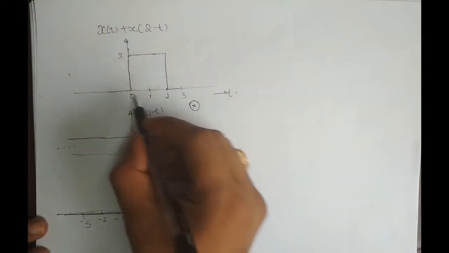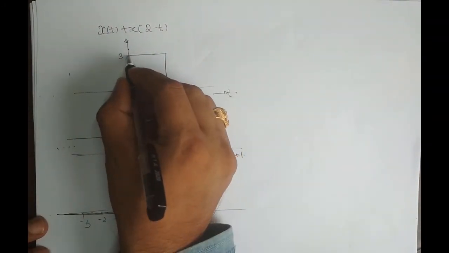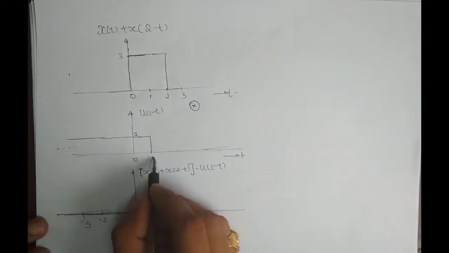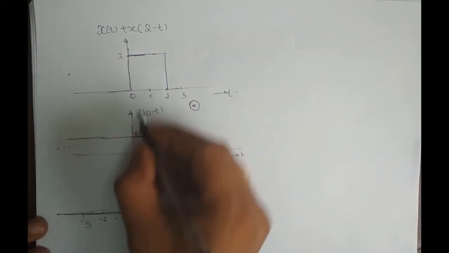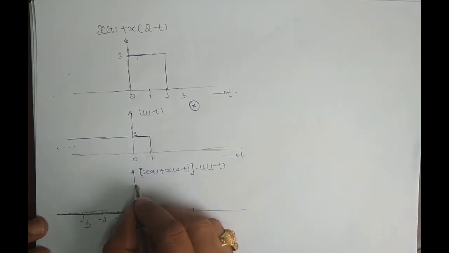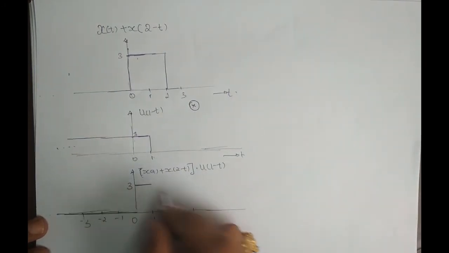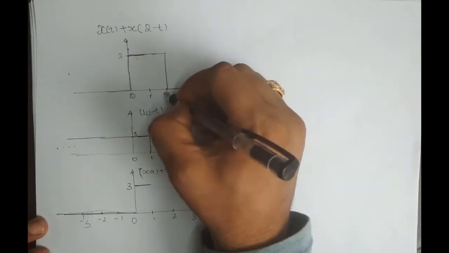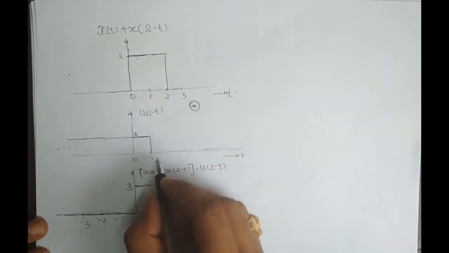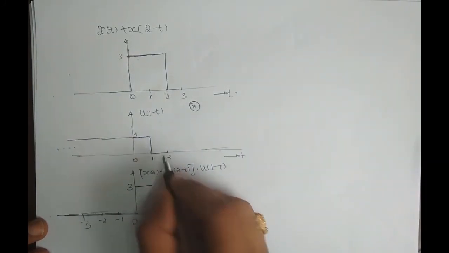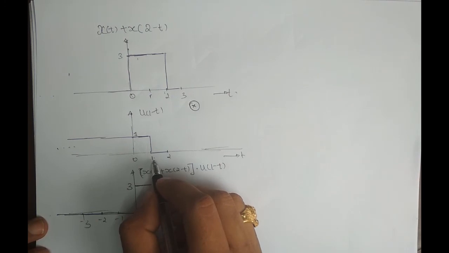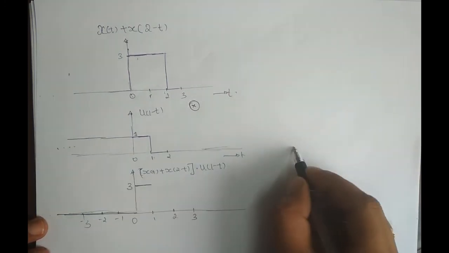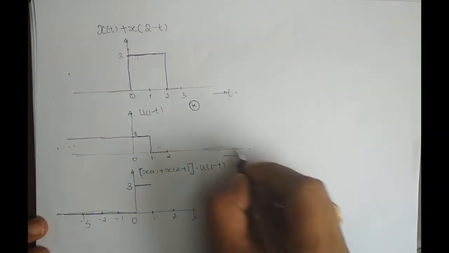Now for t varying from 0 to 1, what is the amplitude of the first signal? It is 3. For t varying from 0 to 1, what is the amplitude of the second signal? It is 1. So 3 into 1, it is 3, right? So for t varying from 1 to 2, what is the amplitude of the first signal? It is 3. What is the amplitude of the second signal? It is 0, right? The amplitude of the second signal is 0 for t varying from 1 till infinity, right? So 0 multiplied by any signal is 0.